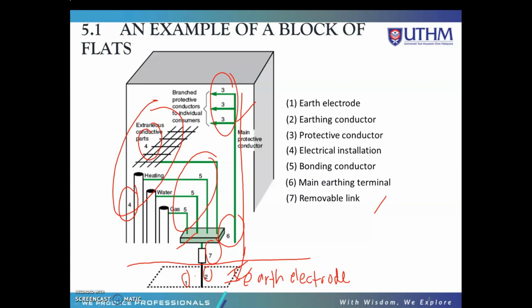And then number five is the bonding conductor. Bonding to electrical earth is used extensively to ensure all conductors, for example person, surface and product, are at the same electrical potential.